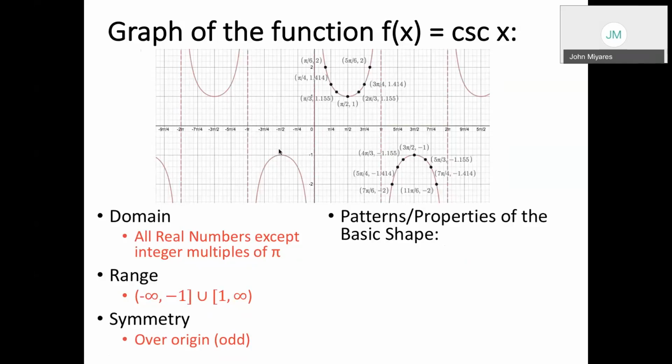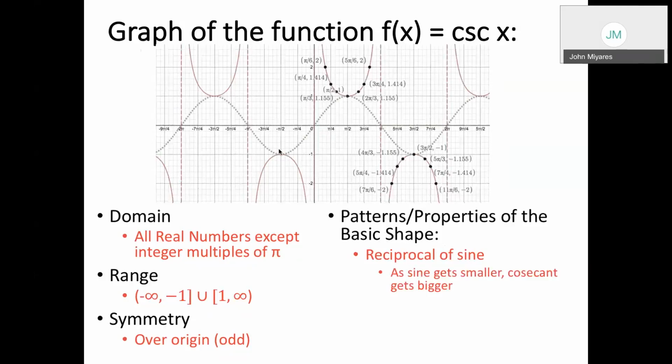As for other patterns, the cosecant is the reciprocal of the sine function. So if I was to draw a sine wave alone with the cosecant graph, then what you'd see is the reciprocal behavior that was happening just like we had between cosine and secant, where sine equals 1, cosecant equals 1.